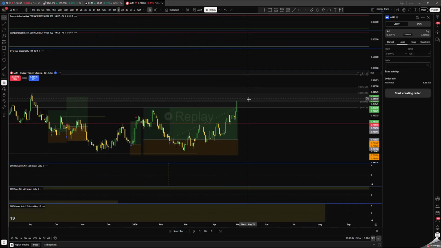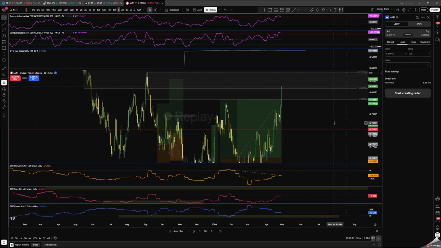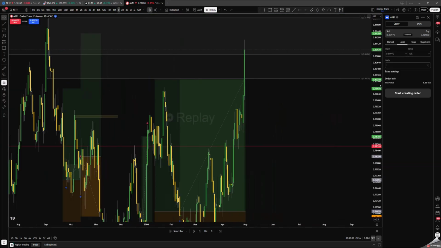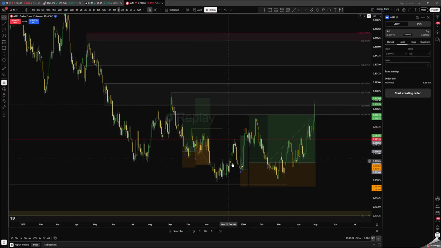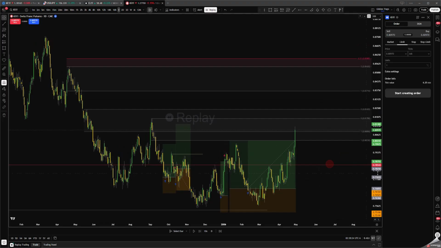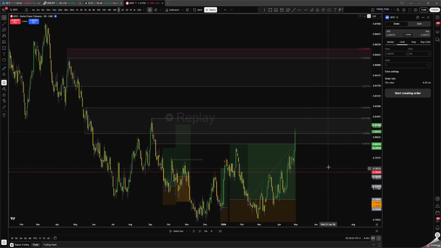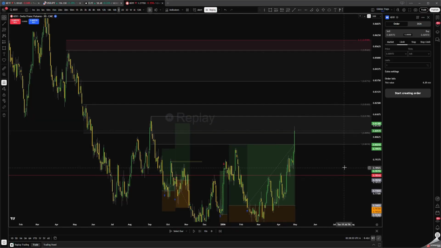Now let me go back to the daily time frame. Look at the zones. How many trades we took? 1, 2, 3, 4. 4. So 6 more, and then we will look at the stats.